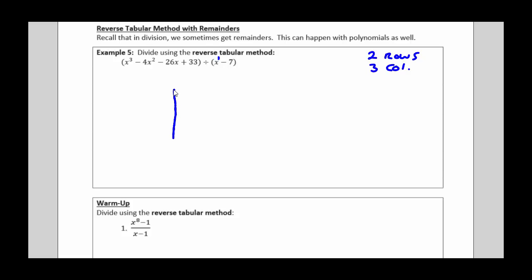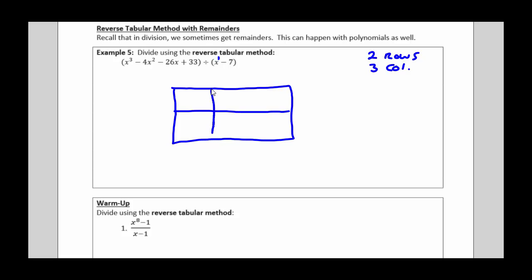Now, from here on out we're going to do this when we're doing reverse tabular. There's our 2 by 3. We're going to put an extra box, and that's going to be our remainder box. In fact, I'm going to change colors here, make it different. Okay, that's going to be our remainder box.